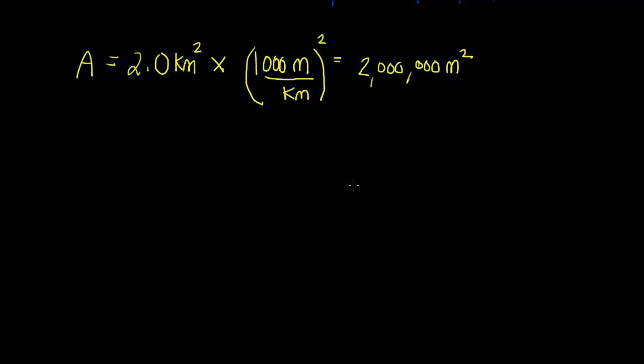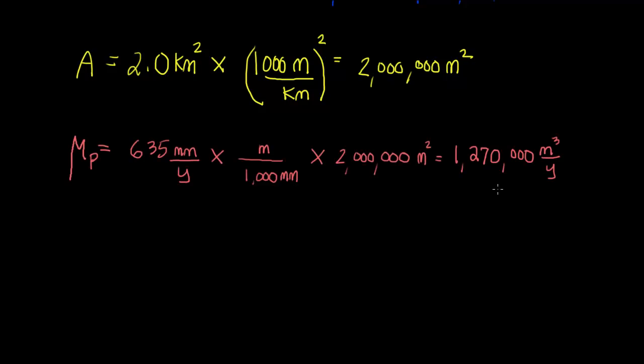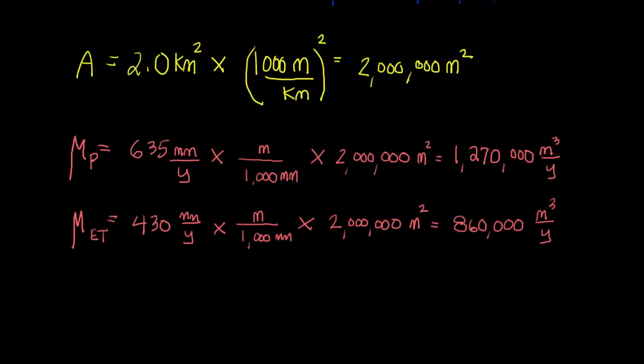So for example, for precipitation, we will write that the volume per time of precipitation turns out to be a little more than 1.25 million cubic meters per year, and for evapotranspiration we write the following: that the evapotranspiration volume per time subtracted from the watershed is 860,000 cubic meters per year. And we're almost done.